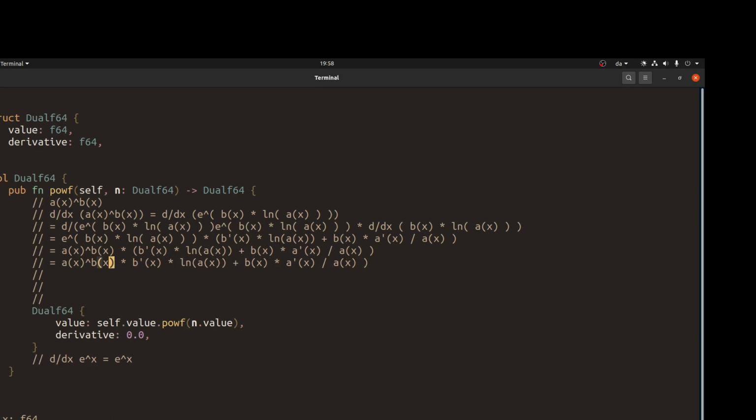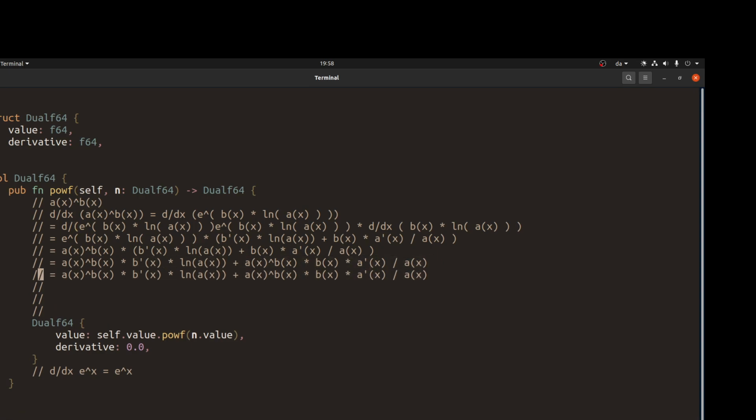So I can multiply out the parentheses, like so. And then here in the last one, I can actually simplify that by taking away that one.